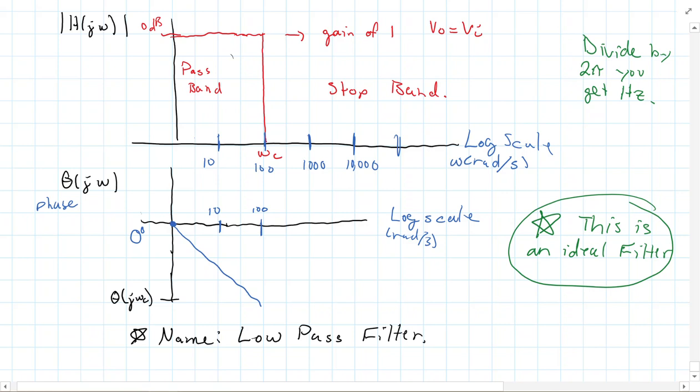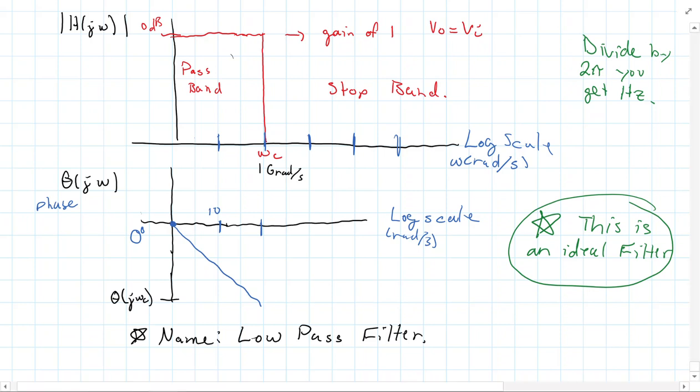Now before we move on, I just want to emphasize it's not low pass because it's cutting off at 100 radians per second. It's low pass because it's letting low frequencies go through. And the reason I want to point that out is I could relabel these diagrams and say, for instance, that this was 1 gigarad per second, and I could have that be my low pass filter where I pass all frequencies up to 1 gigarad per second, and then I stop frequencies higher than that.